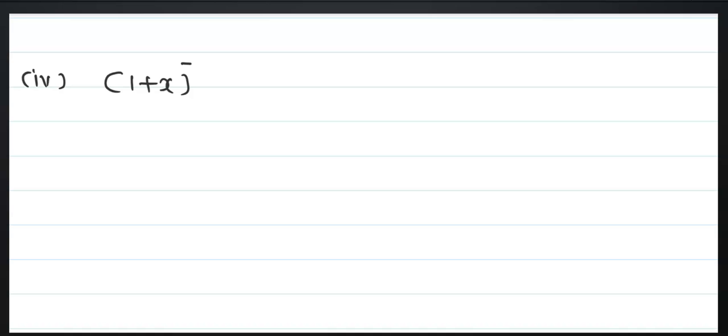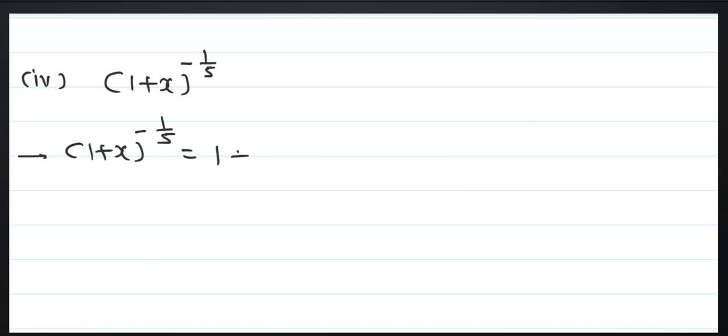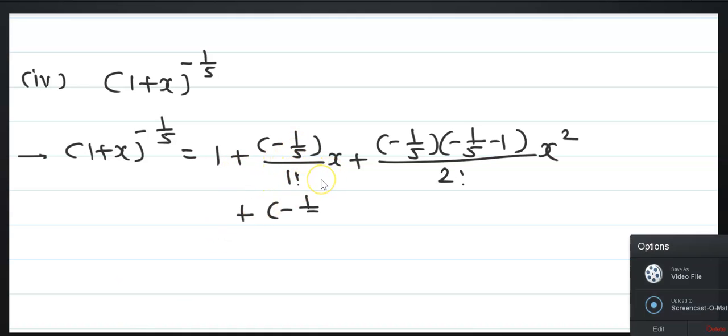Now the next is the fourth one. The problem is (1 + x) raised to minus 1 upon 5. In this case you will get alternately the terms with plus and minus signs. Now we will evaluate this. That is 1 plus (minus 1 by 5) upon 1 factorial into x.